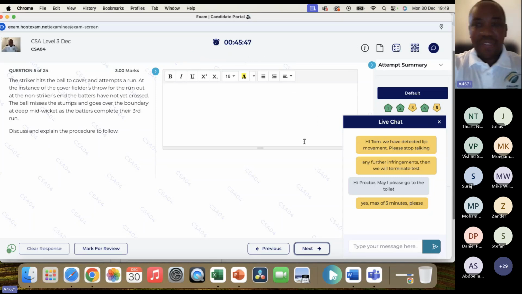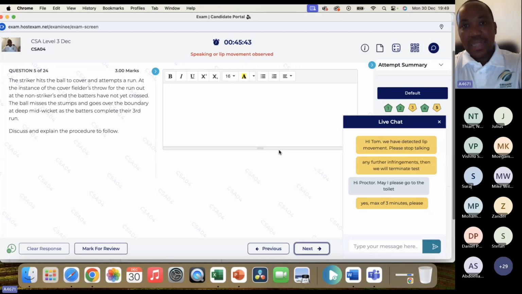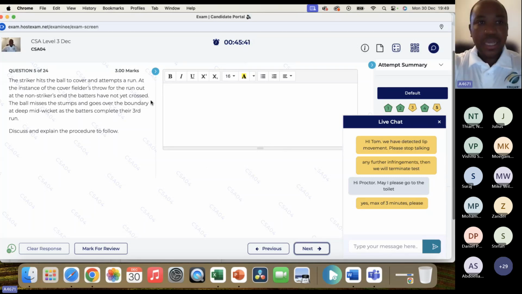Whenever there's a red flag, that candidate's icon is highlighted. We will go to that candidate and enlarge their screen so that we can see why there's a red flag, and we will either verbally or by texting you warn you of the infringements that you have just committed.